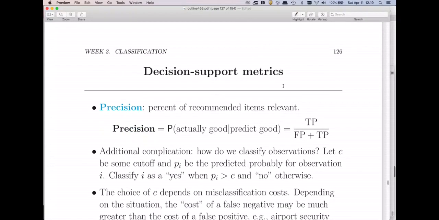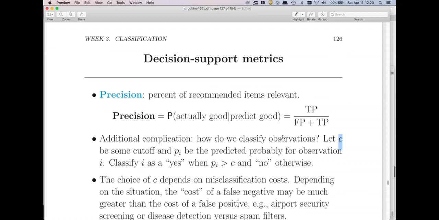Well, I think the obvious answer to this is we have to pick some cutoff value C. Any predicted probability greater than C, we call a predicted good case. Any predicted probability less than C, we call a negative or bad case.